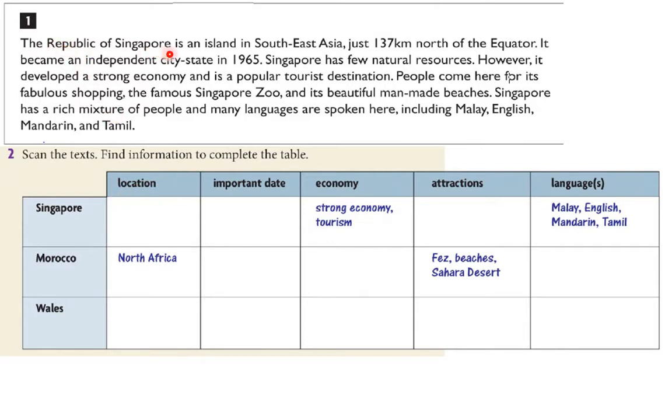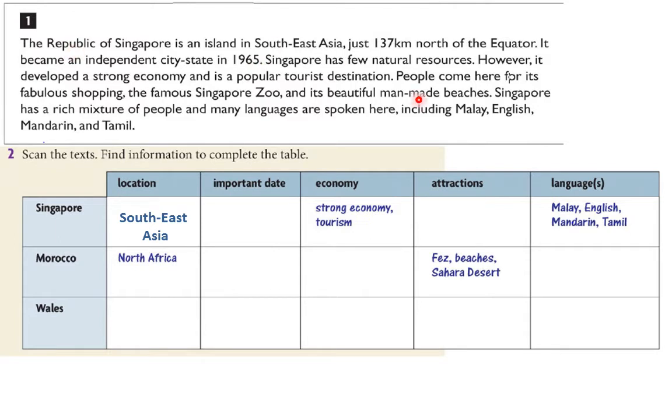The Republic of Singapore is an island in Southeast Asia. So the location is Southeast Asia. Regarding the important date, we need to find a year here or something referring to a date, and we found this number 1965.